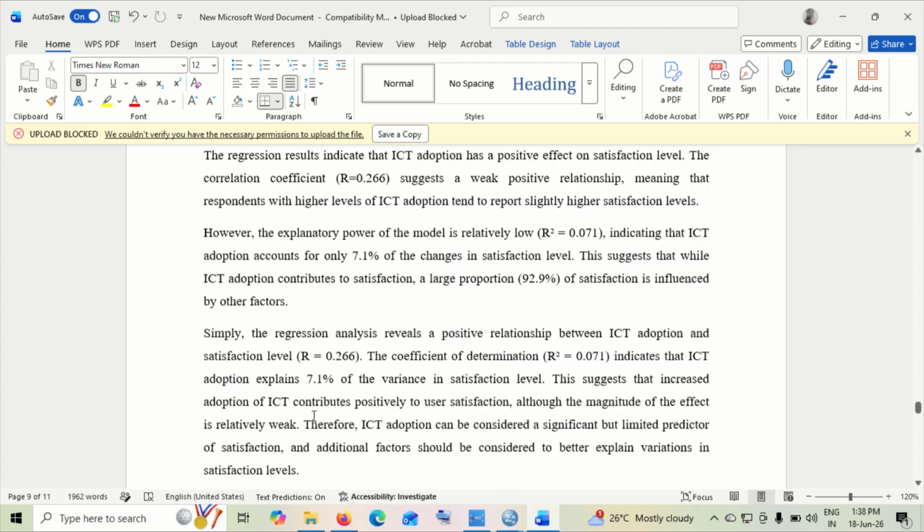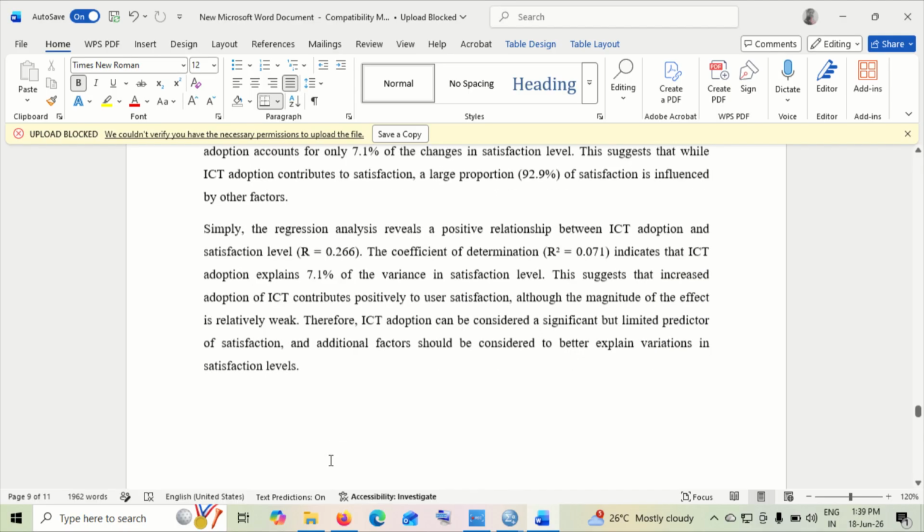This suggests that increased adoption of ICT contributes positively to user satisfaction, although the magnitude of effect is relatively weak. Therefore, ICT adoption can be considered a significant but limited predictor of satisfaction, and additional factors should be considered to better explain variation in satisfaction level.